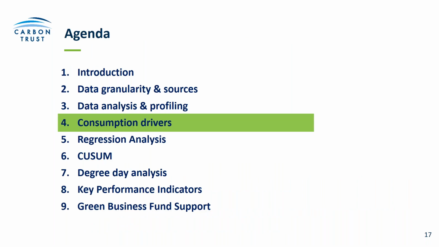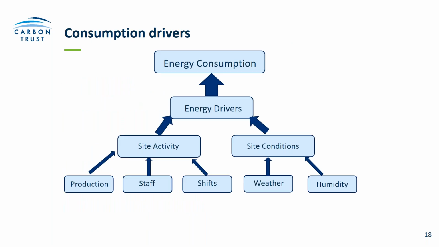So try to understand why your profiles are how they are, what the variability is, and what causes that variability. They're fairly obvious in terms of manufacturing sites, etc. It's broadly always going to come down to the level of production, or so you would think.